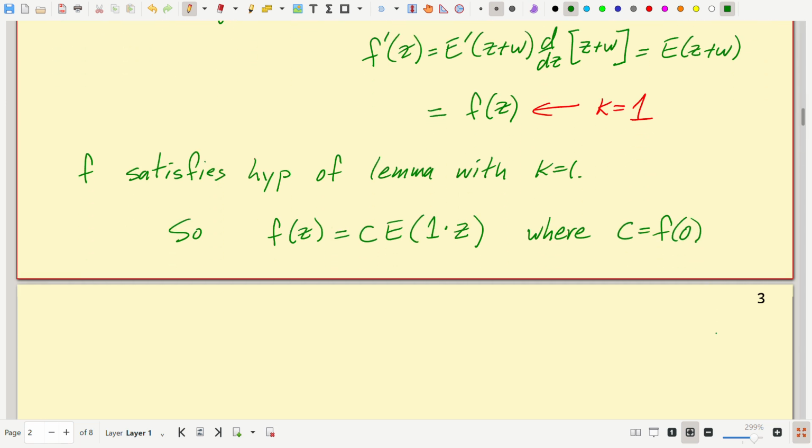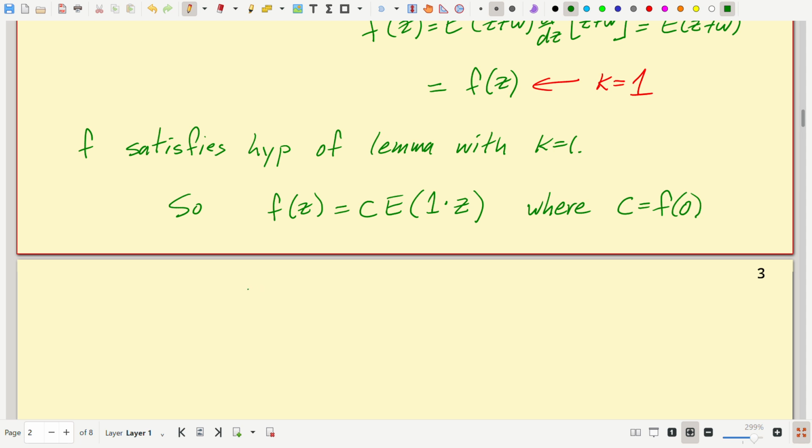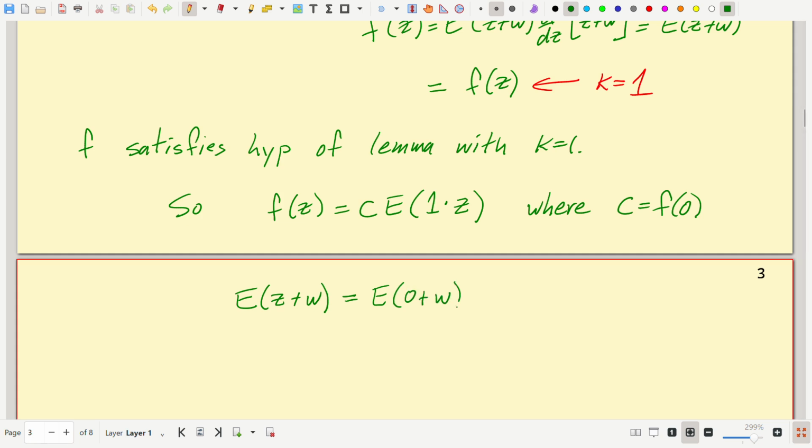That's fascinating. So remember what f was. f is e to the z plus w. c is f of 0. So that c is going to be e to the 0 plus w. That's the c.